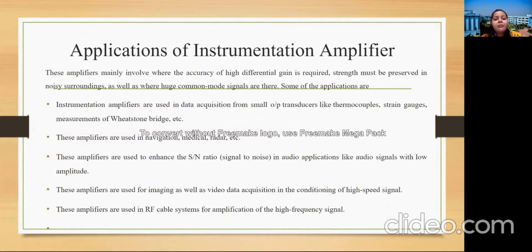Instrumentation amplifiers are used in data acquisition for small output transducers like thermocouples, strain gauges, measurement of Wheatstone bridge, etc. These amplifiers are used in navigation, medical, radar, etc. They are used to enhance the signal to noise ratio in audio applications like low amplitude audio signals. They are used for imaging as well as video data acquisition, in the conditioning of high-speed signals, and in RF cable systems for amplification of high-frequency signals.